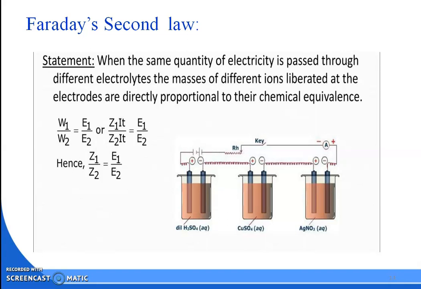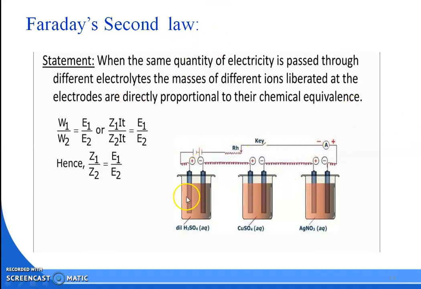Chemical equivalence is the atomic weight divided by valency. From the statement of Faraday's second law, W1 divided by W2 is equal to E1 by E2. As we have already studied, W is equal to ZIT. So instead of W, we can write Z1IT divided by Z2IT is equal to E1 by E2. Hence, Z1 by Z2 is equal to E1 by E2.